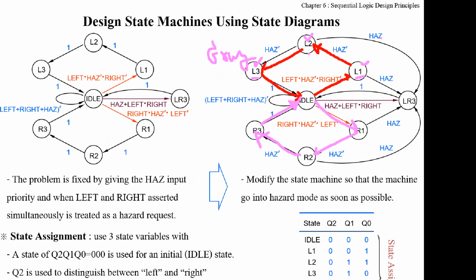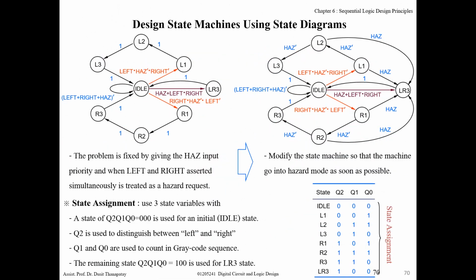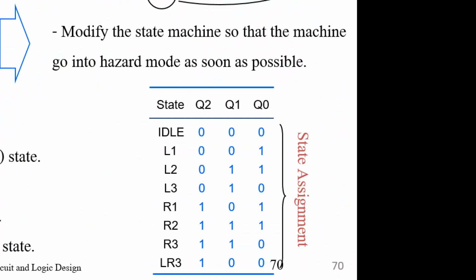So for the example, let's design by using this state assignment. At first, state idle.